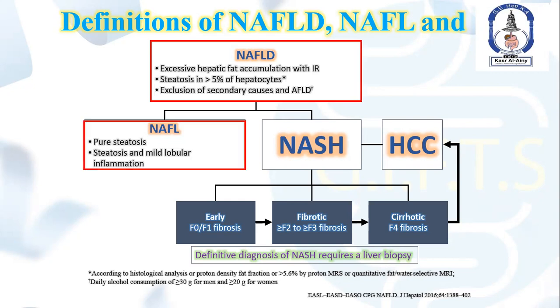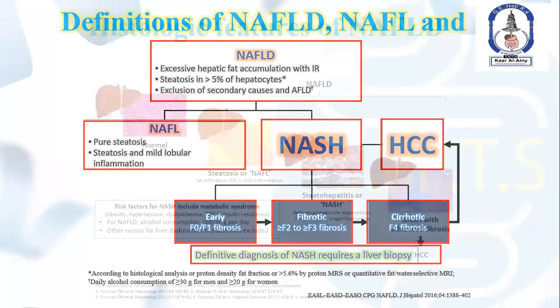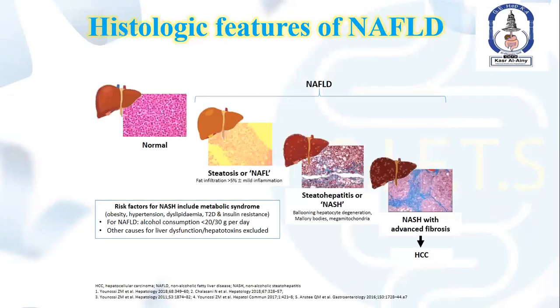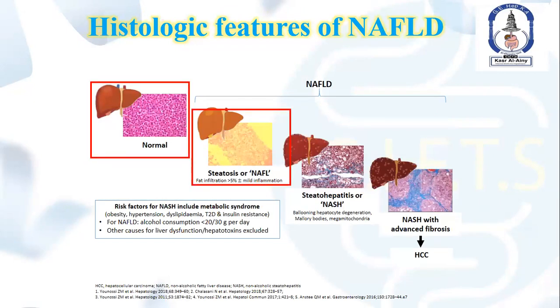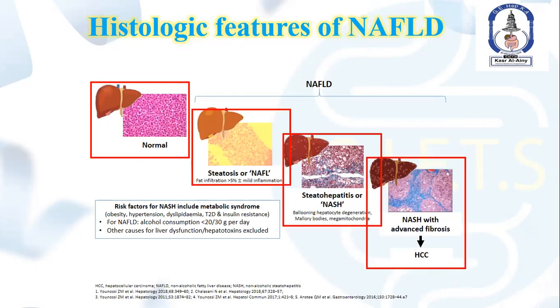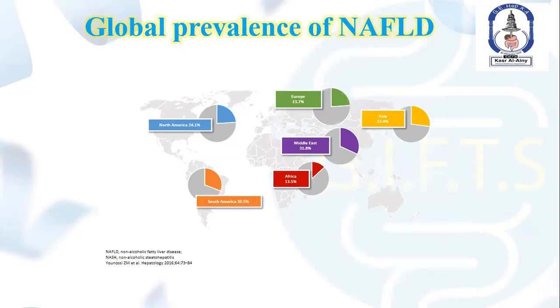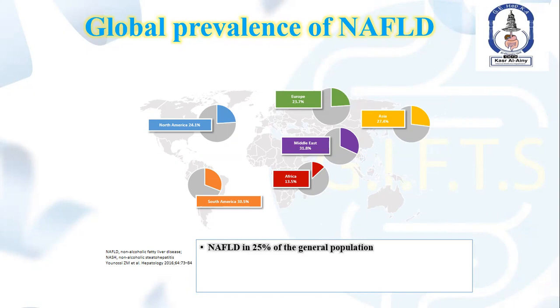Okay, what is the spectrum, as we said, to cirrhosis and hepatic carcinoma? The histological features can vary from normal, to steatotic liver disease only, to steatohepatitis, then to cirrhosis and development, of course, of hepatocellular carcinoma. Global prevalence is very, very high, almost 25% of the general population.